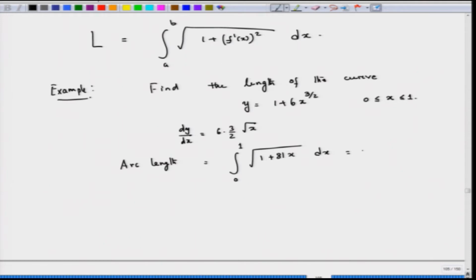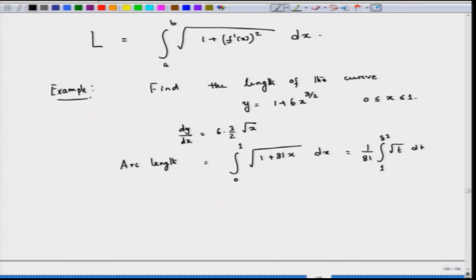So, this is probably going to give me 1 by 81, then the integral from 1 to 82 of square root of t dt. So, this we can easily compute what it is going to be.